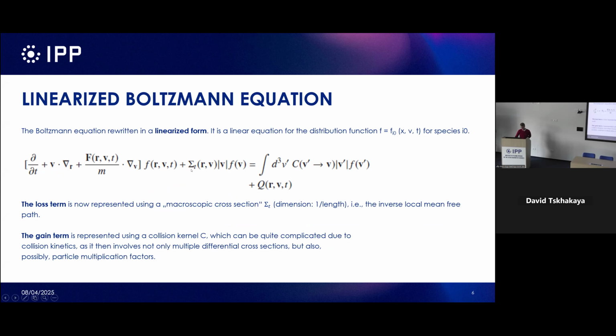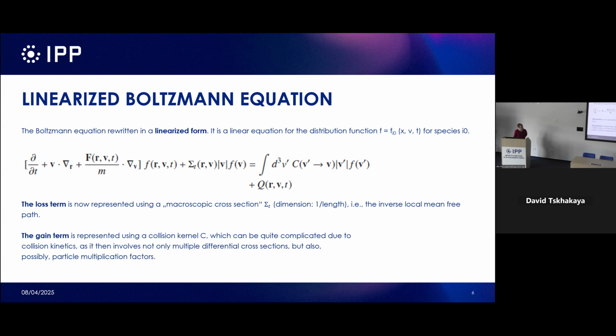The loss term is now represented using a macroscopic cross-section, which is basically an inverse mean free path. And the gain term is represented using some complicated collision kernel C, which has all the collisions that can happen with the interactions of the neutrals with the plasma, including particle multiplication and things like that.